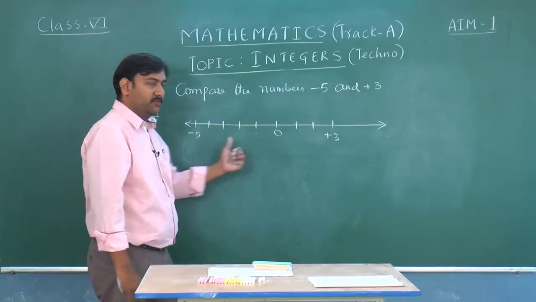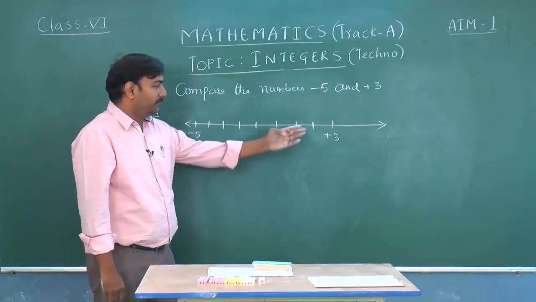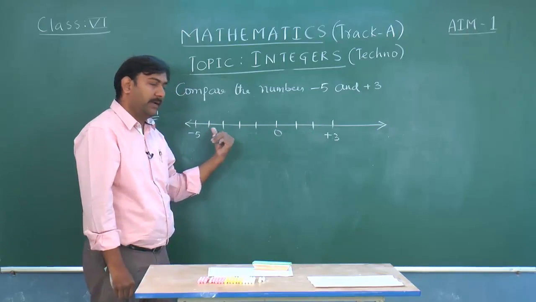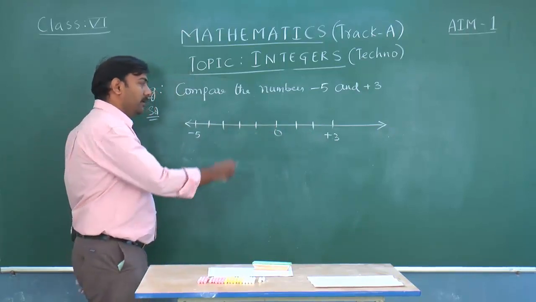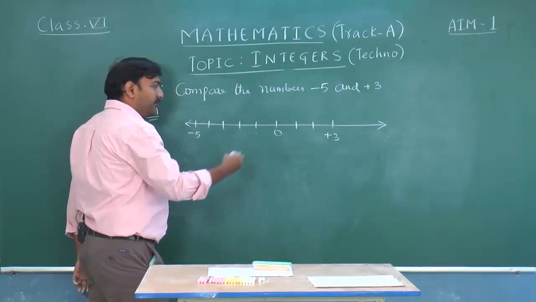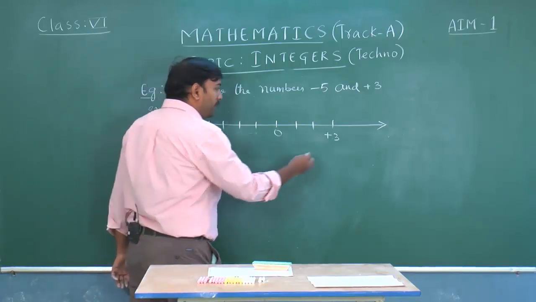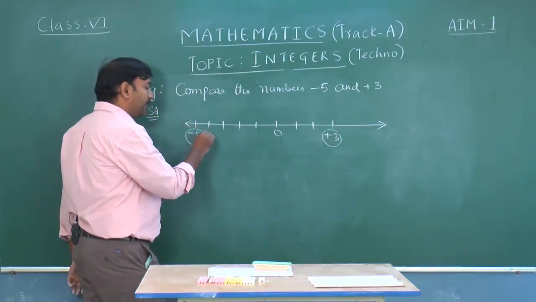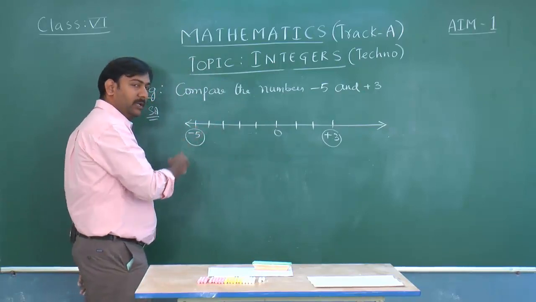If you observe these two numbers, the number +3 is towards the right of -5. The number which lies towards the right always has the greater value than the number on the left of it.